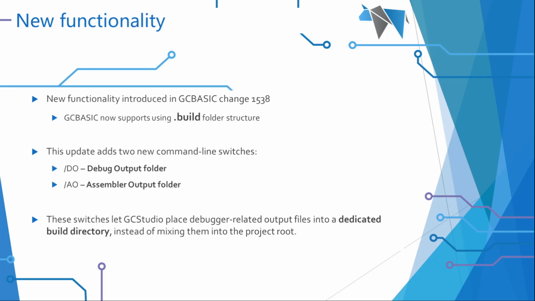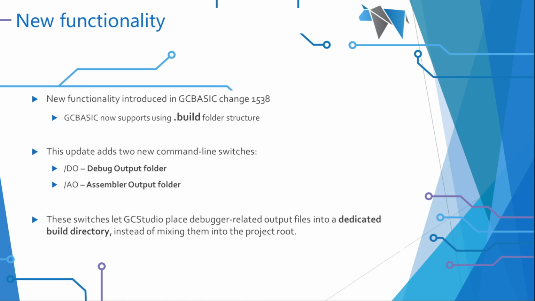New functionality was introduced in change 1538. If you haven't got 1538, or are before that, it doesn't apply. After that, you'll see this. GCBASIC now supports using a .build folder structure. That means that during the compilation process, we create a folder called .build.